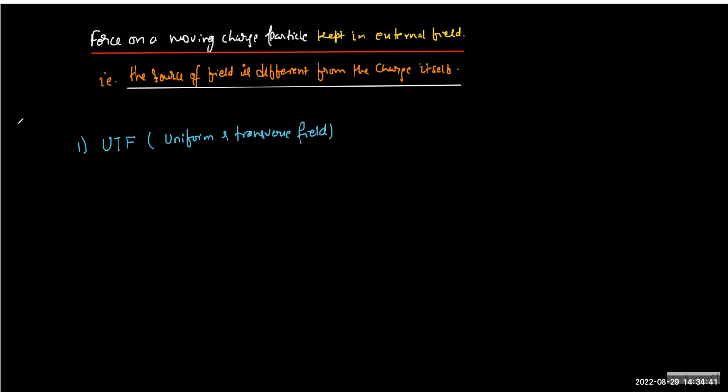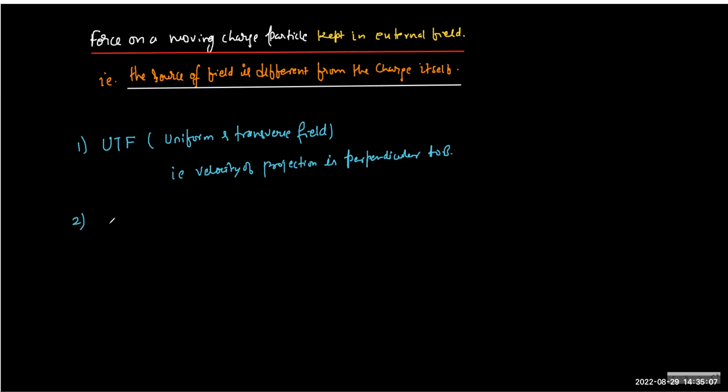So that's called the transverse field. What is the meaning of transverse field here? That is, velocity of projection is perpendicular to B.